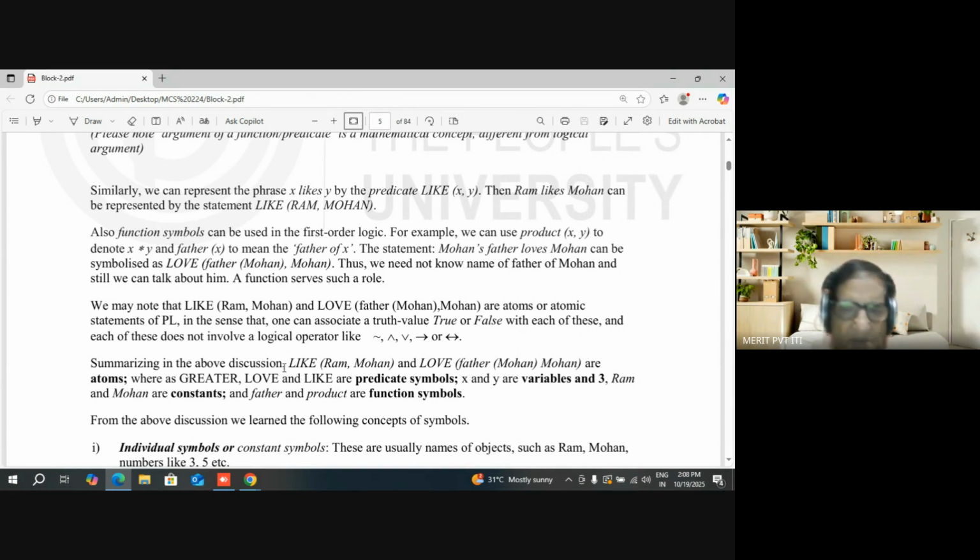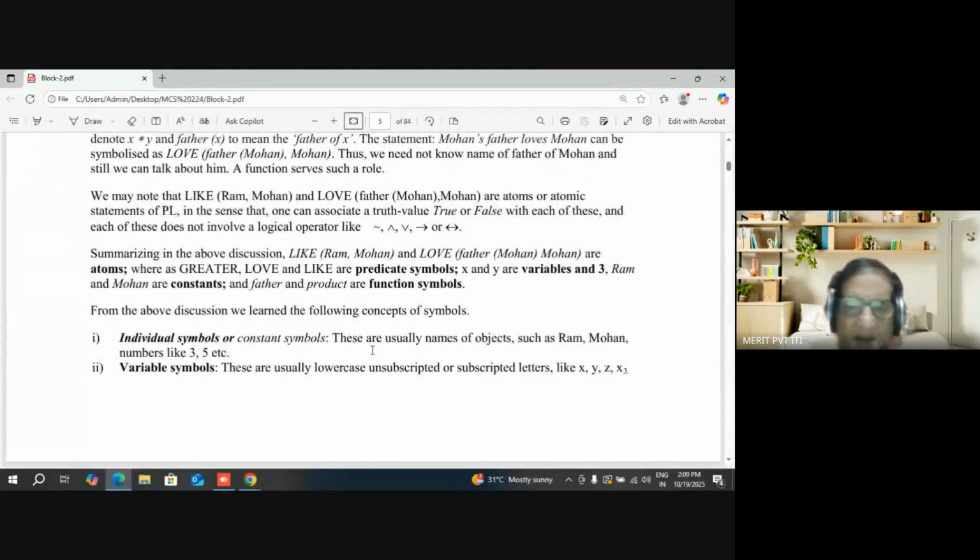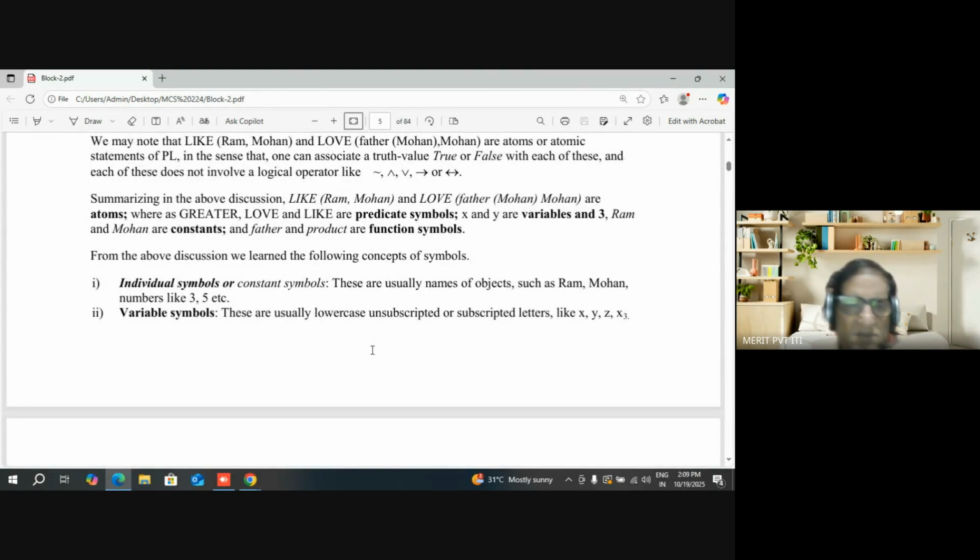These are the symbols we have talked about, like operators, implies, and, or, and predicate symbols. The individual symbols are constant symbols.